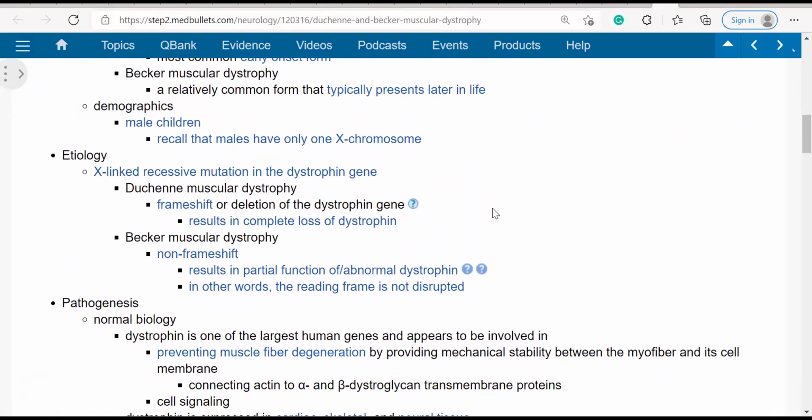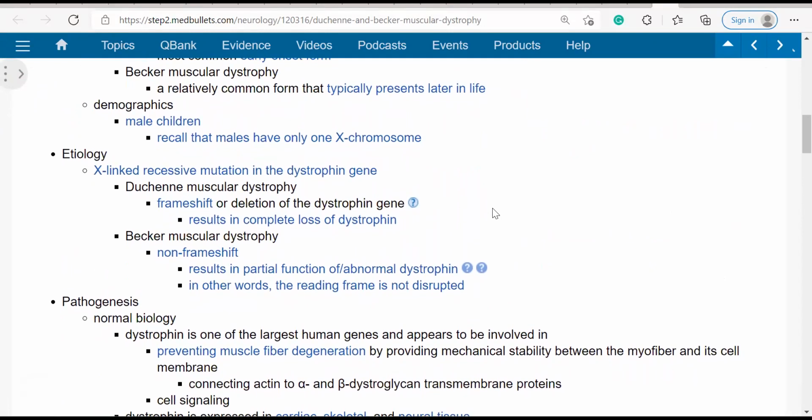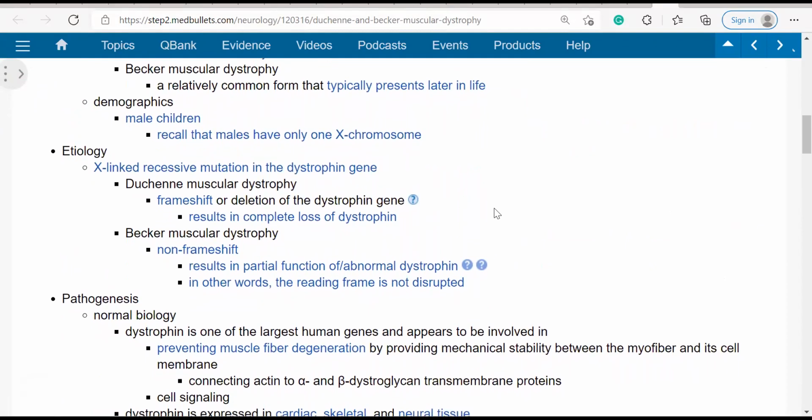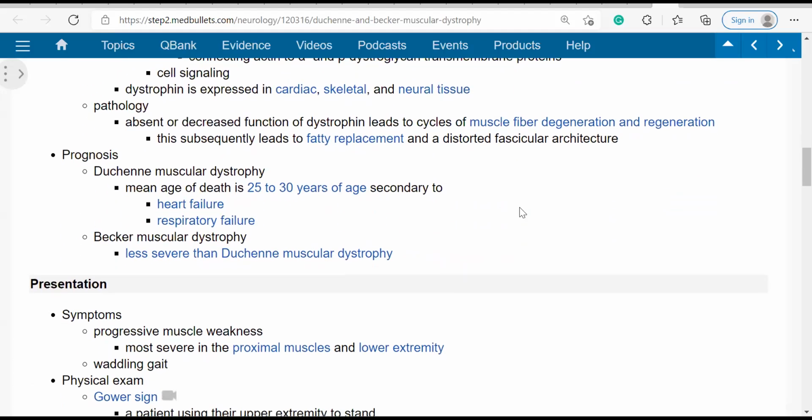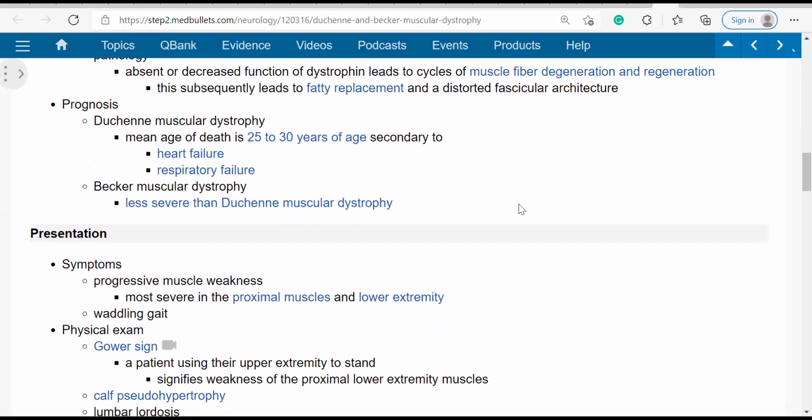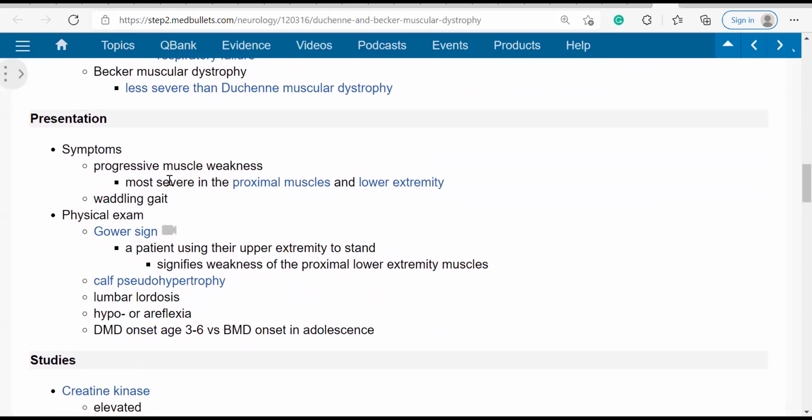Male children are mainly affected, so you don't think about DMD in a girl. That's an important clue because this is an X-linked recessive disorder, which usually presents in a boy, not a girl. Always remember these things because they give you a diagnosis in the exam. The most likely cause of death in a DMD child is respiratory failure or heart failure.